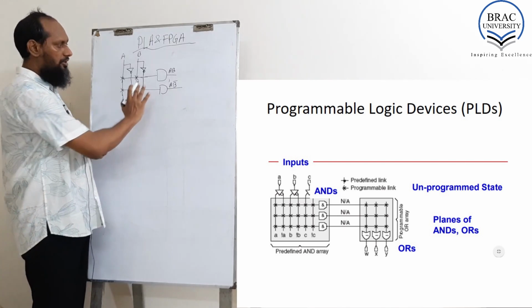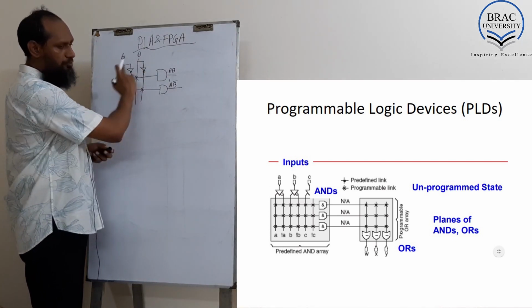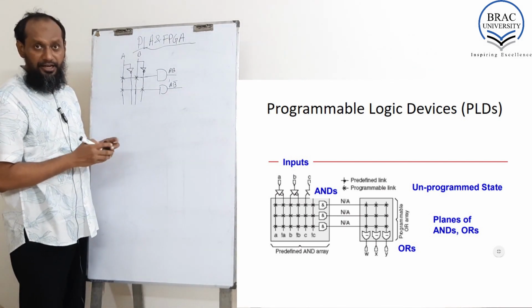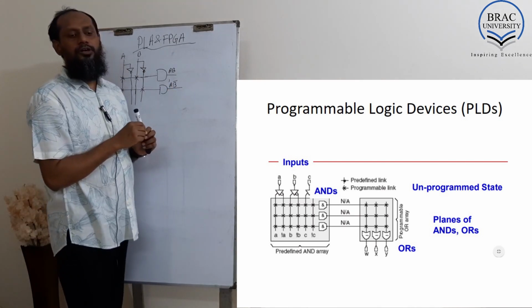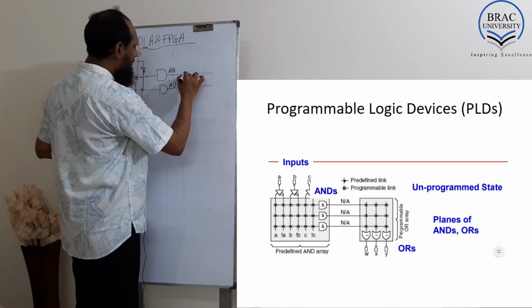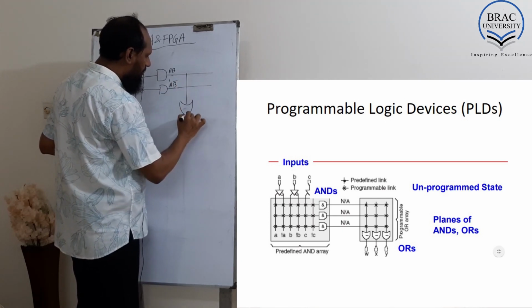So in this way we can get the product value of A and B, and then the sum value. This value can now be a part of the OR gate.